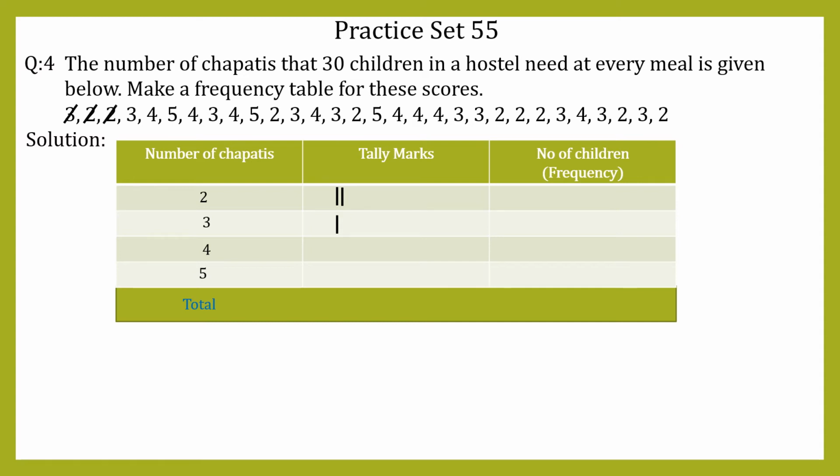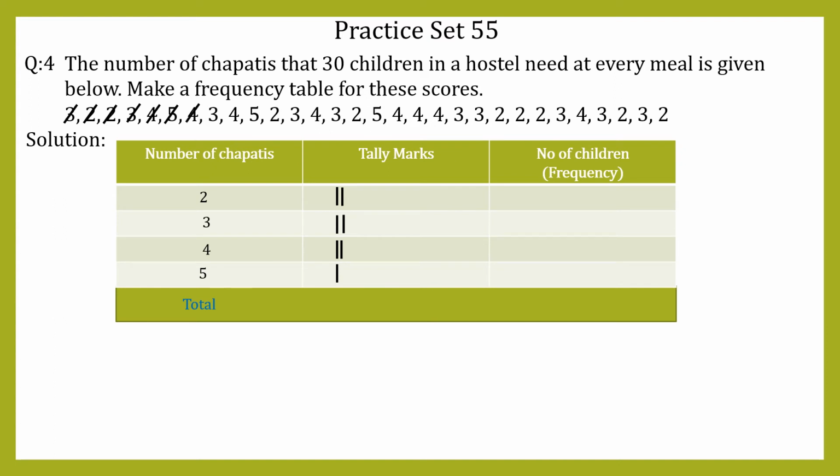Next number is 3, so we'll have a tally mark next to 3 and cancel it. Then we have 4, so a tally mark for 4 and we'll cancel it. The next number is 5, tally mark for 5. Next number is 4, so tally mark for 4 next to it and we'll cancel this.